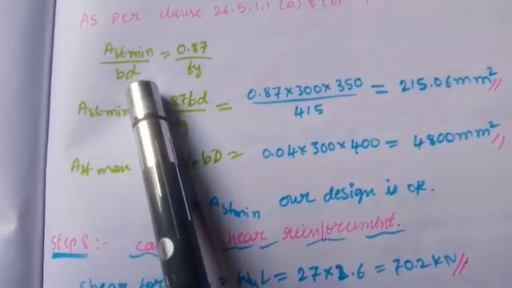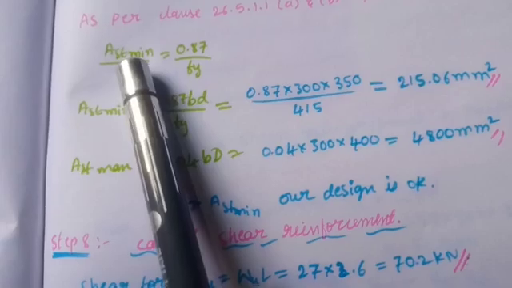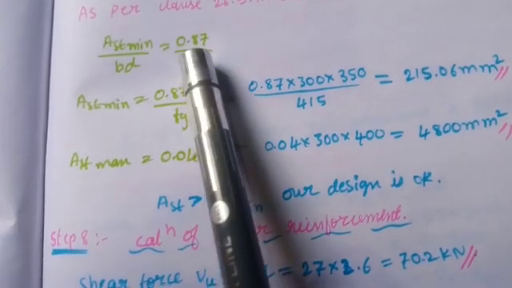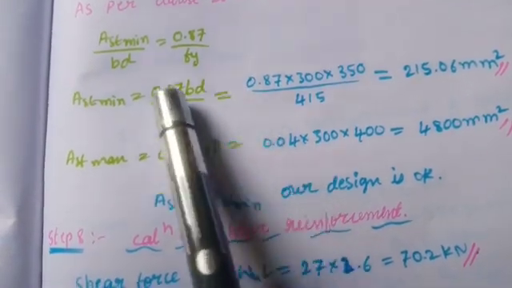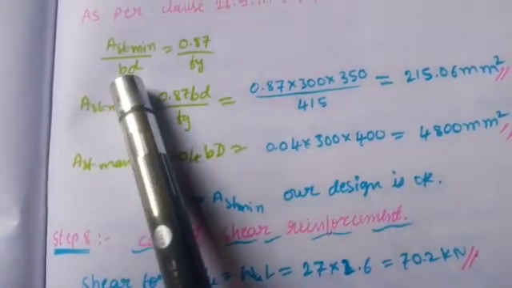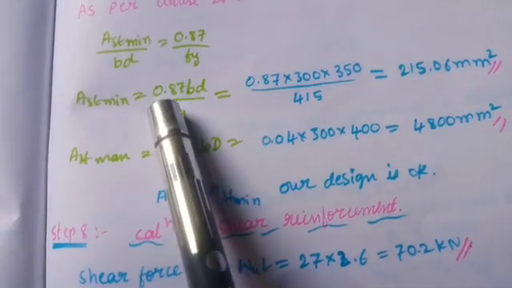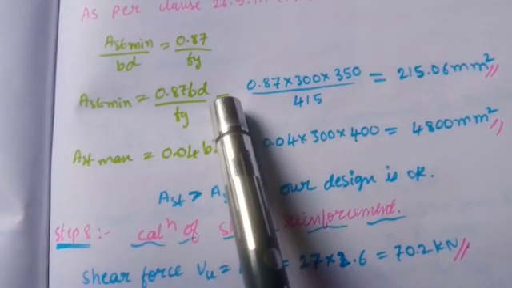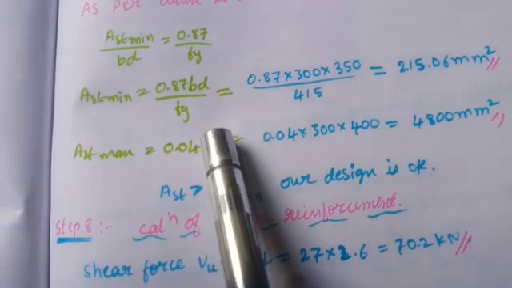So Ast minimum divided by B into D is equal to 0.87 divided by Fy. Now we are calculating Ast minimum, so I have rearranged it. I have moved B and D to here, so that's 0.87 B into D divided by Fy.